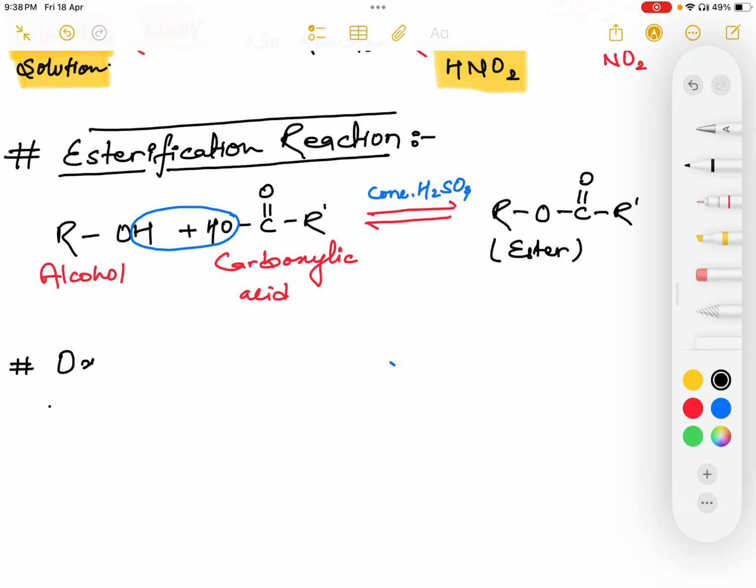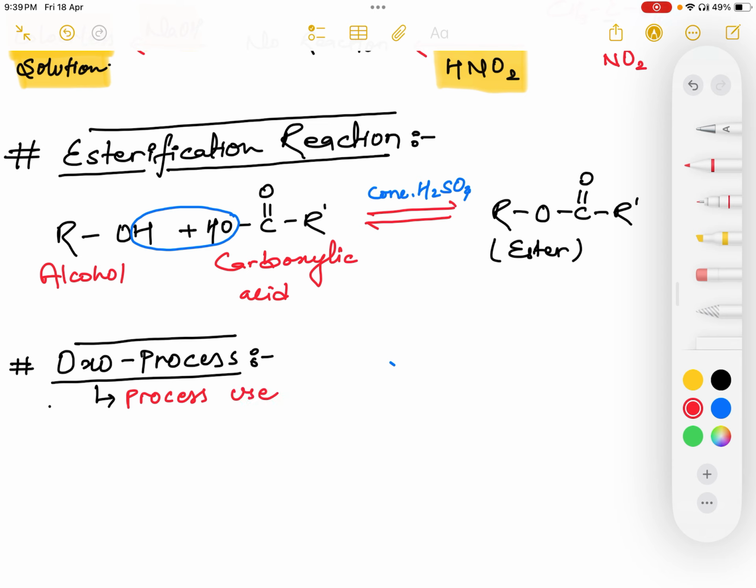Next we have oxo-process. What exactly is oxo-process? Oxo-process basically is an industrial process for the production of aldehyde and ketone, a process used for the preparation of aldehyde and ketone.